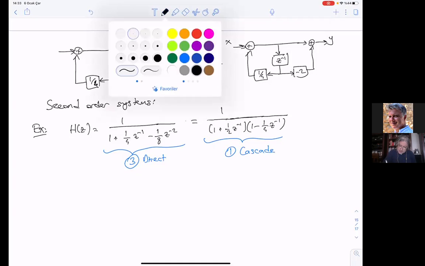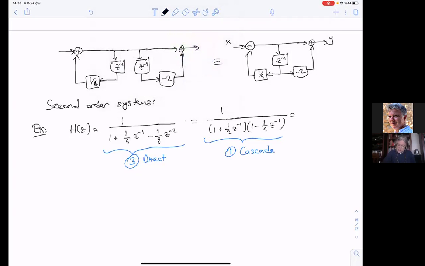And finally, there is a third alternative, which is like this: 2 over 3 over 1 plus 1 over 2 z inverse plus 1 over 3 over 1 minus 1 over 4 z inverse.